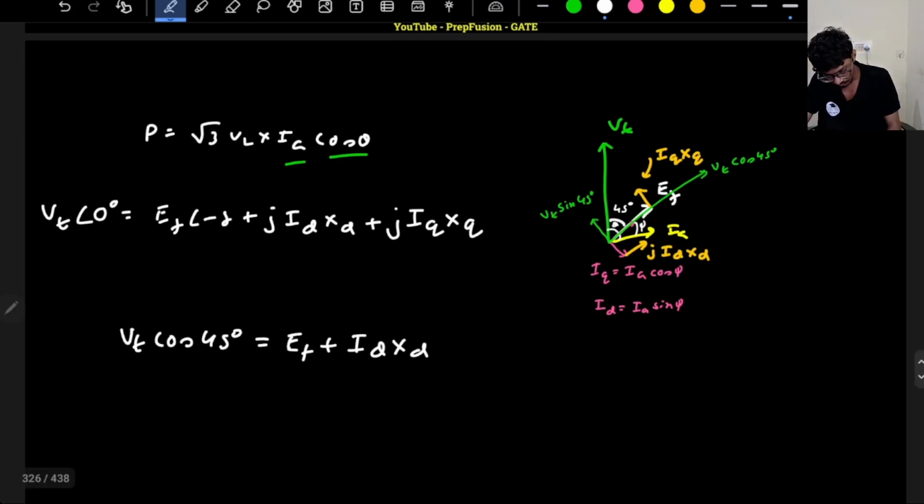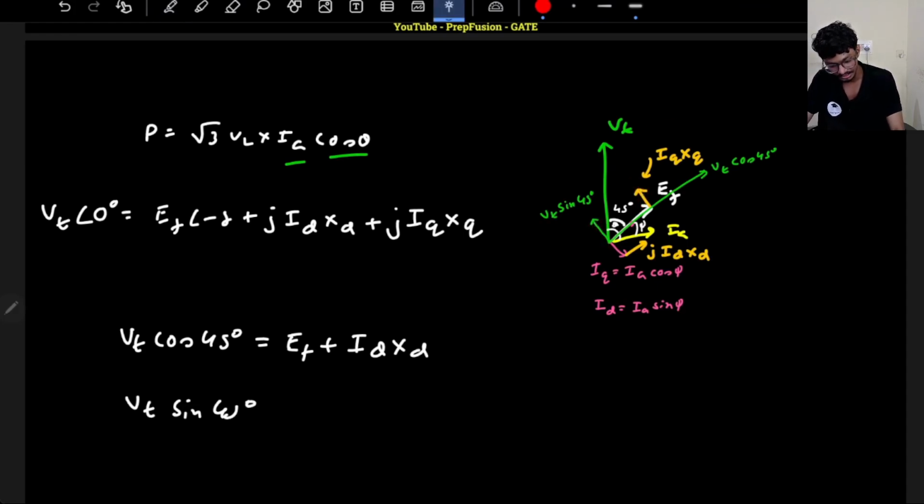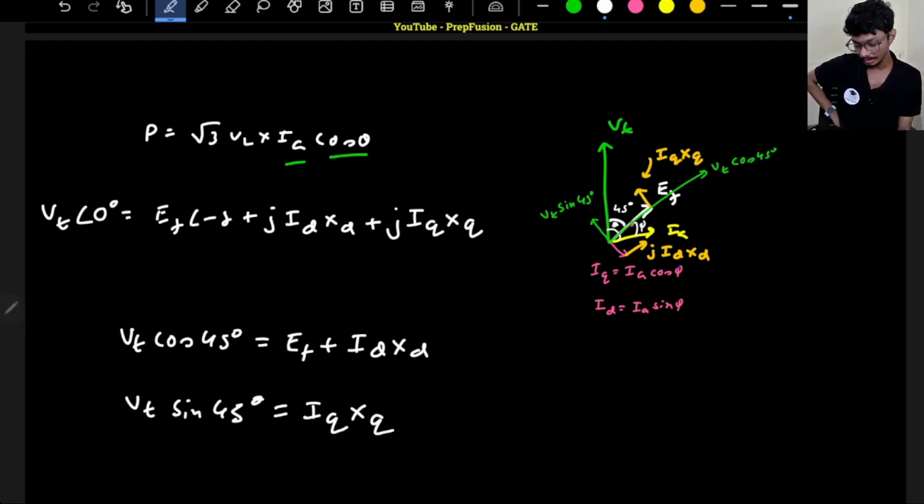And my VT sin 45, if I see, only one component is there that is perpendicular to EF, this drop. So this will be equal to IQ into XQ.